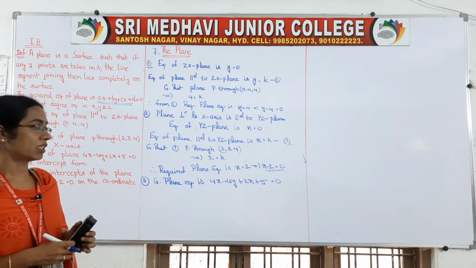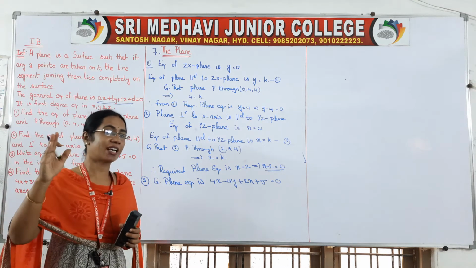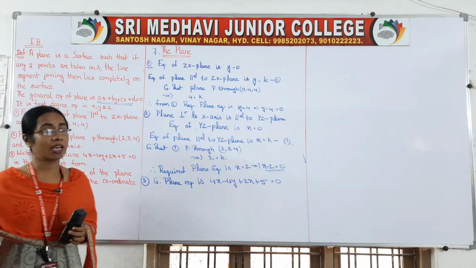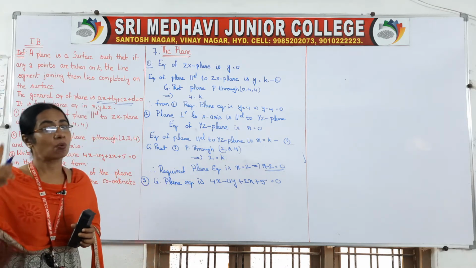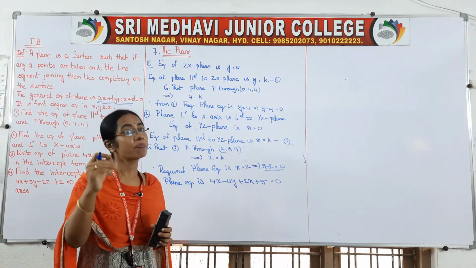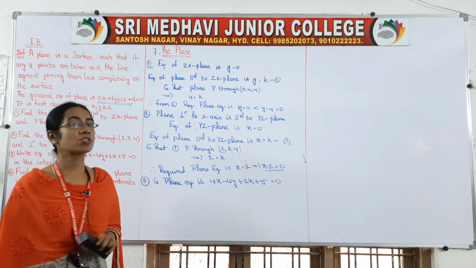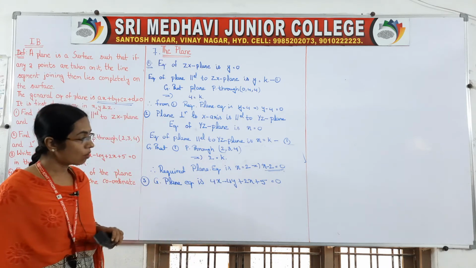How we convert this into intercept form is the same as with straight lines. While reducing the line equation into intercept form, I said try to get 1 on the right side. Here also, first try to get 1 on the right side. So how will we get it?